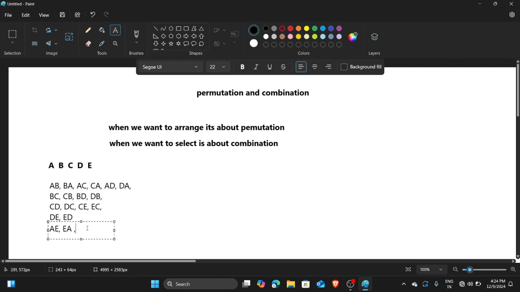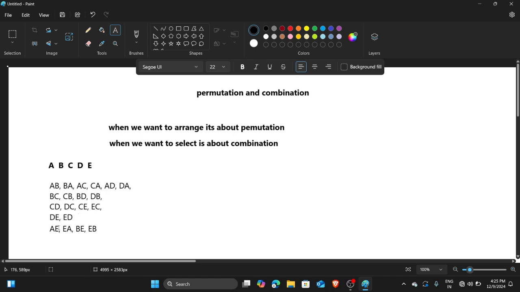With B also, I did not make the pair with E, so BE and EB. With C, we also need CE and EC. And then ED.